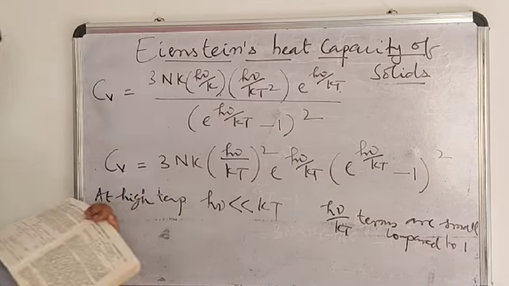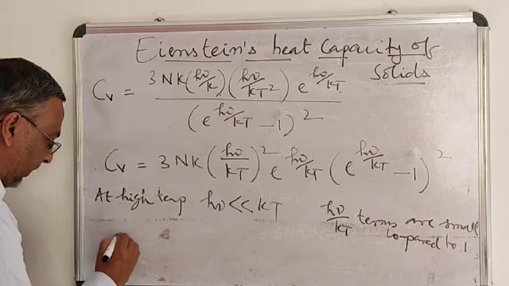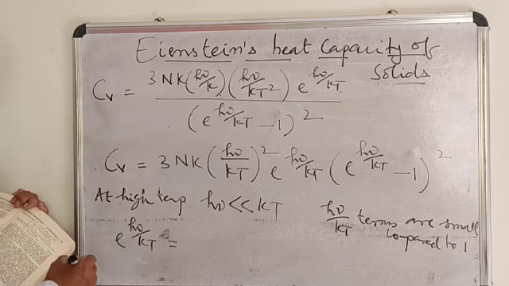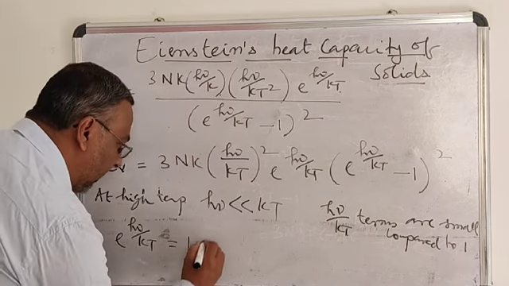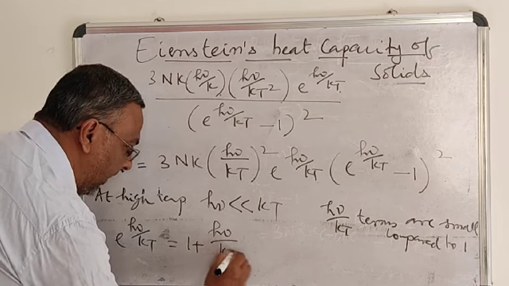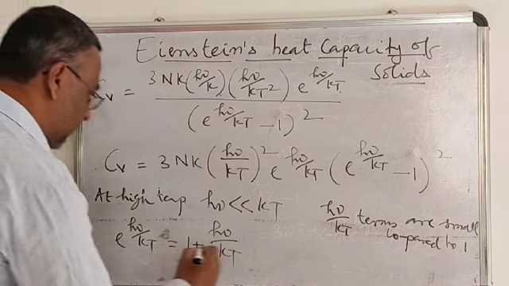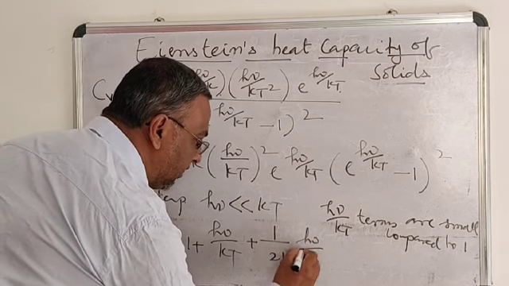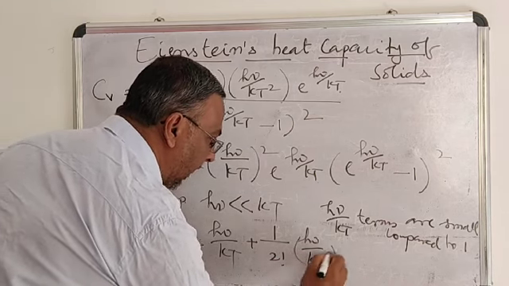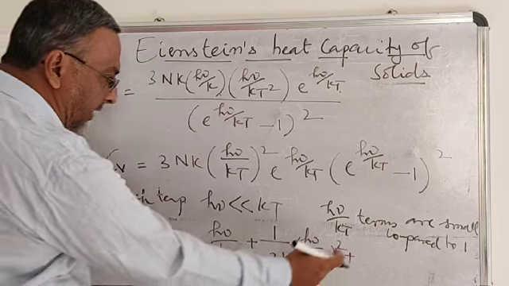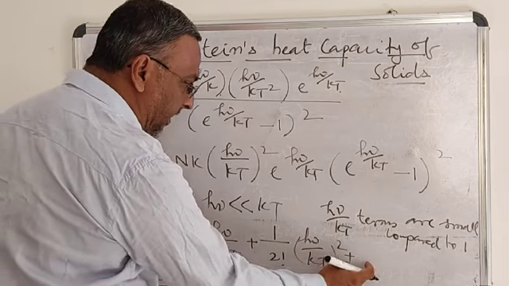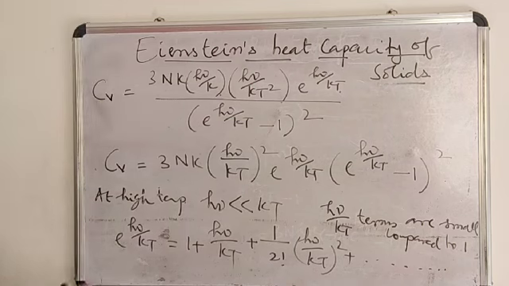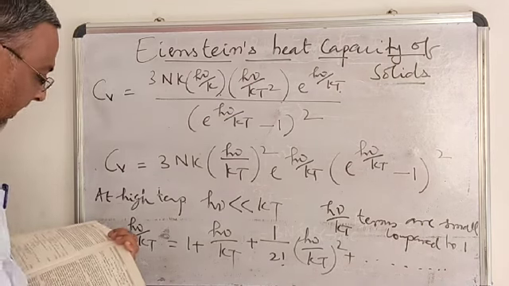I am writing the expansion of the exponential of hν/kT, which will be equal to 1 plus hν/kT plus 1/2! (hν/kT)² and 1/3! (hν/kT)³, and I can go on writing it like this. This is the exponential of hν/kT.